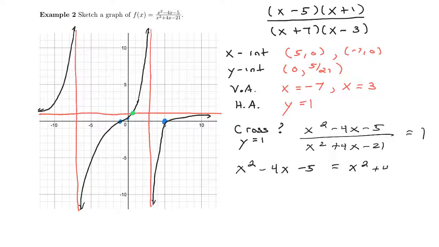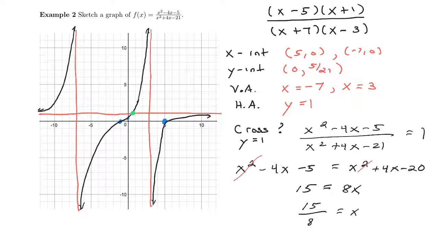And it's going to work out that the quadratic goes away. The squared portions just cancel. This time I'm going to add 20 to both sides, and I'm going to add 4x to both sides, divide both sides by 8, and I have my value of 15 over 8.